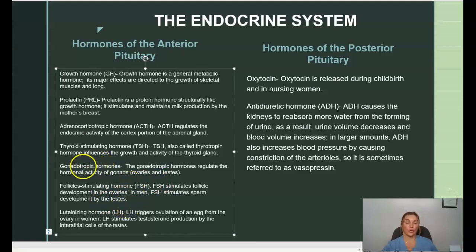And then, of course, the hormones of the gonads. And then the hormones of the posterior pituitary gland: oxytocin is of course released during childbirth and in nursing women. And then the antidiuretic hormone helps to cause the kidneys to reabsorb water from the forming urine.